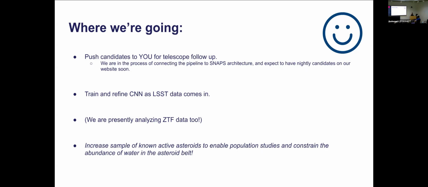So for ZTF, I was able to use the full width at half maximum that was produced in the alert packet, but LSST doesn't produce that actually. They produce a PSF chi-squared, so that's what I'm using. So if I have any requests, maybe a full width at half maximum. So basically more PSF parameters in the alert packet.